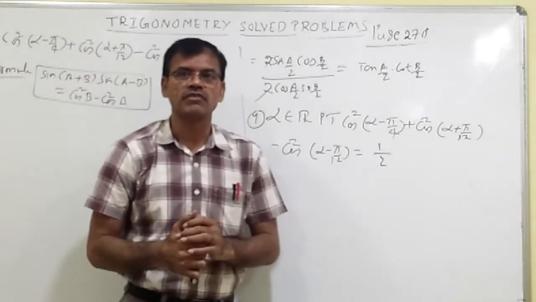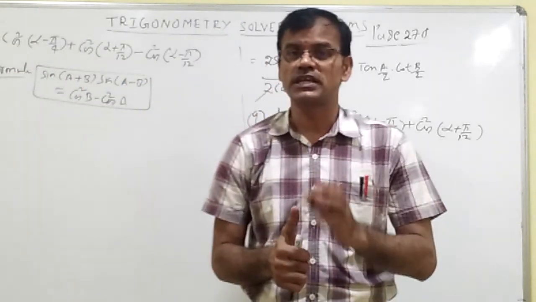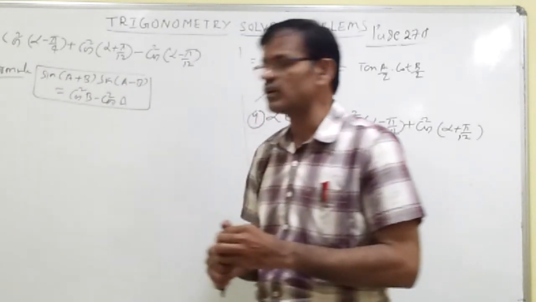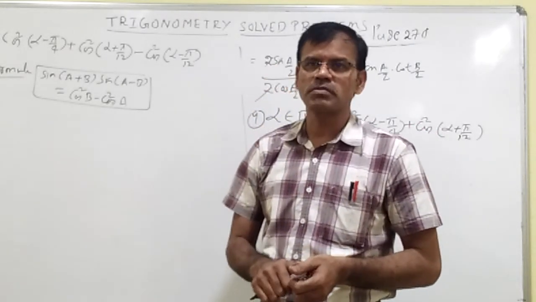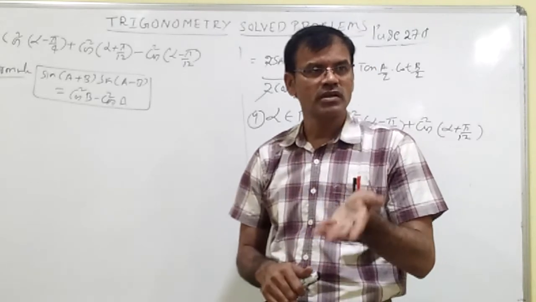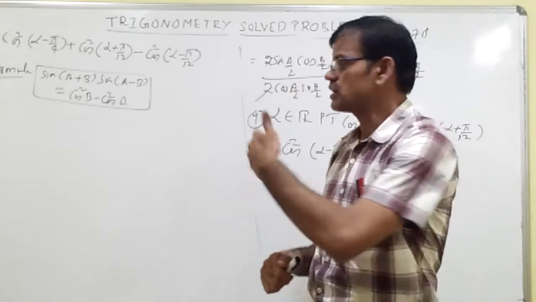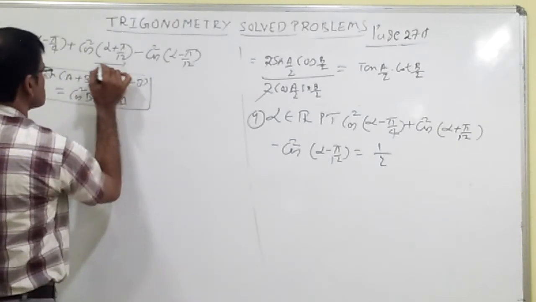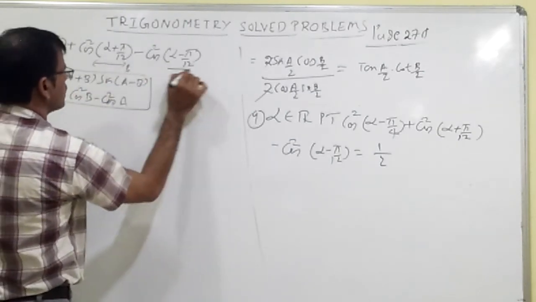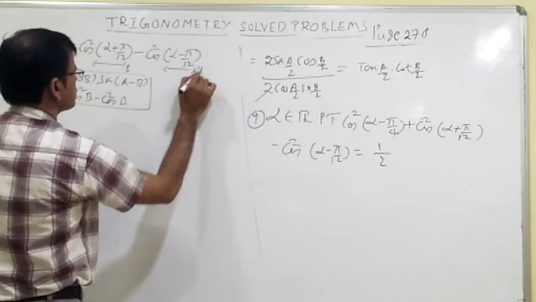We have learnt sin (a plus b) into sin (a minus b) formula as sin square a minus sin square b only. Of course, I had written there this one also. Sin square a minus sin square b can be understood as 1 minus cos square a minus of 1 minus cos square b, like cos square b minus cos square a. So, try to understand this term as b and this term as a.